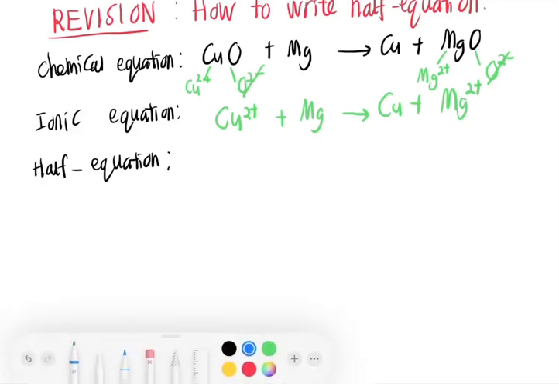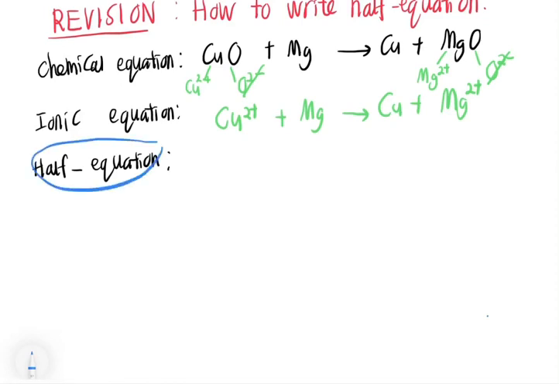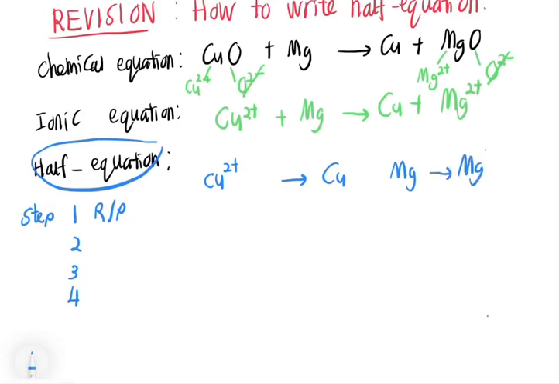Now that you have the ionic equation, you will need to write the half equation. In order to write the half equation, I will remind you of the 4 steps. Step 1 is to write the reactant and product. Here the reactant is Cu2+ and the product is Cu. And here the reactant is Mg and the product is Mg2+.